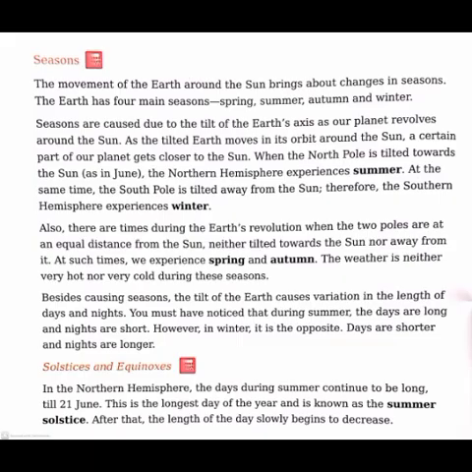Seasons are caused due to the tilt of the earth's axis. As the earth moves in its orbit around the sun with its tilt, a certain part of the planet gets closer to the sun.